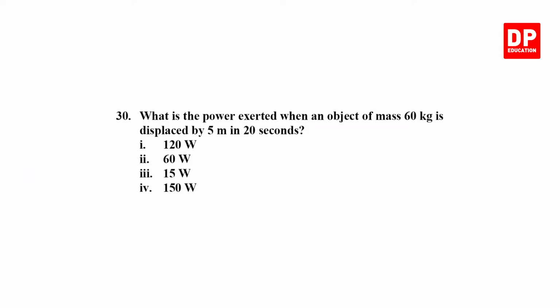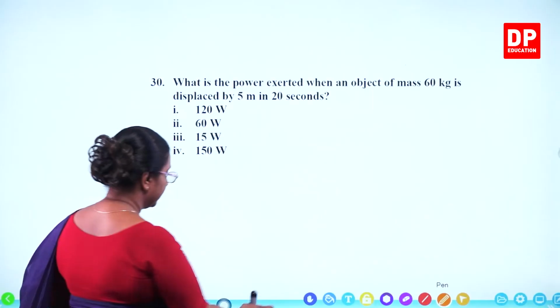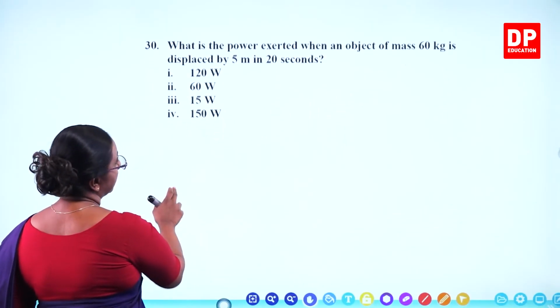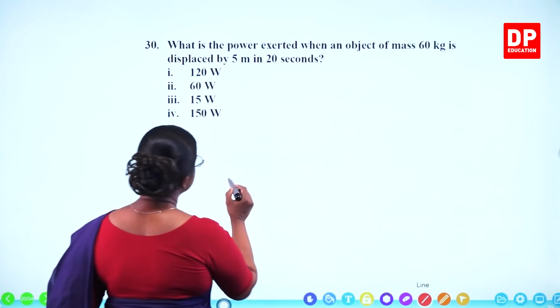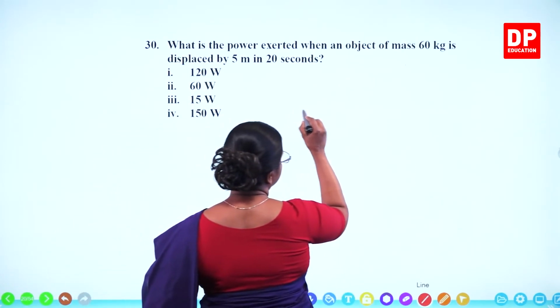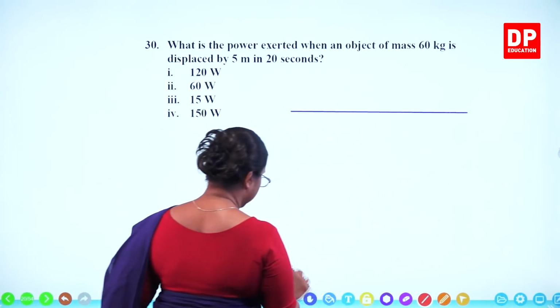Question number 30. So here, if we look at the question, what is the power exerted when an object of mass 60 kilogram is displaced by 5 meters in 20 seconds? So there, if we show it in a diagrammatic manner, you have a path like that.